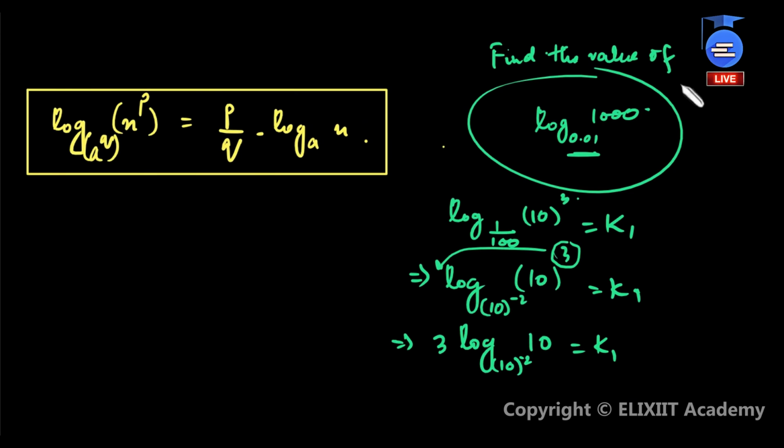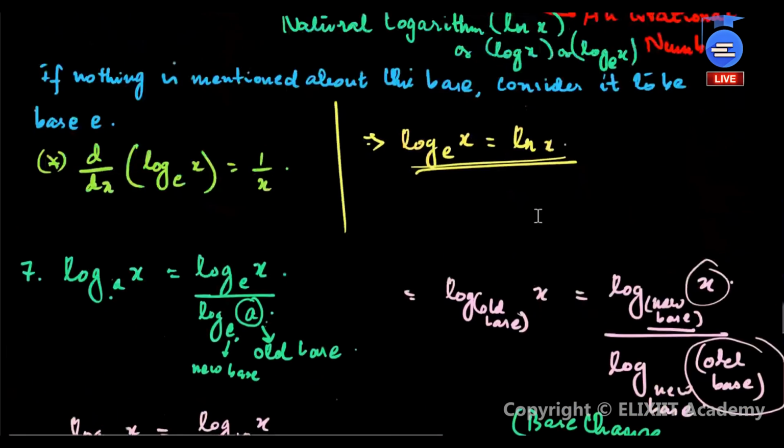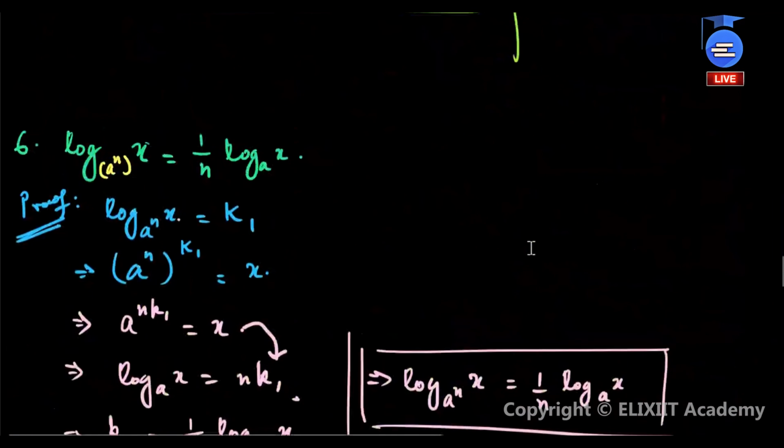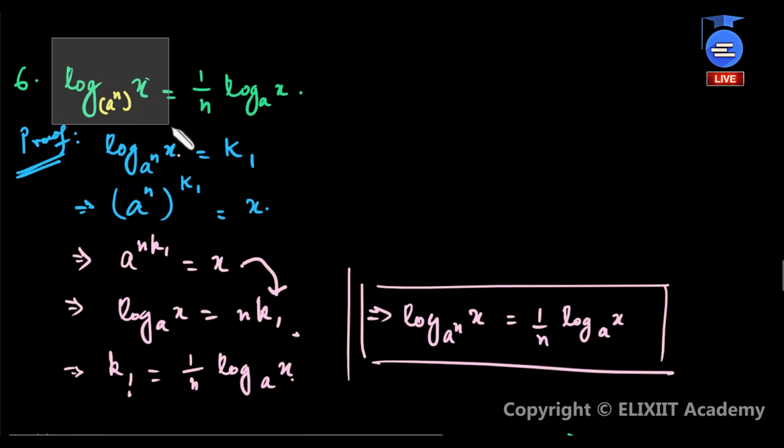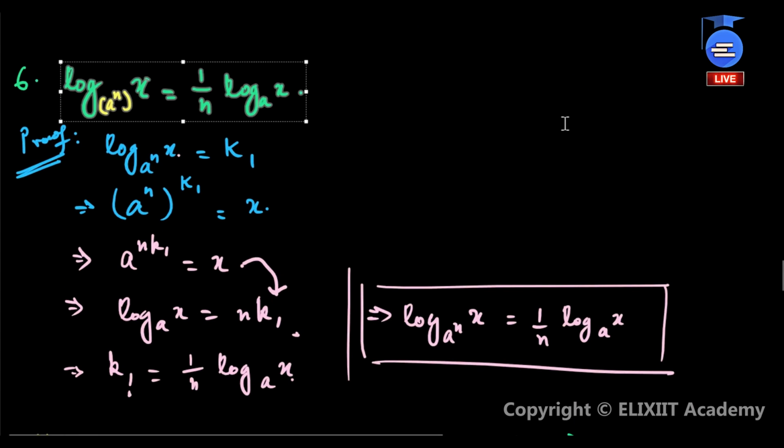Now simplify this. How do we simplify 3 log 10 base 10 to the power minus 2? Use the property. Go back to the properties. Log x base a to the power n is 1 by n log x base a.